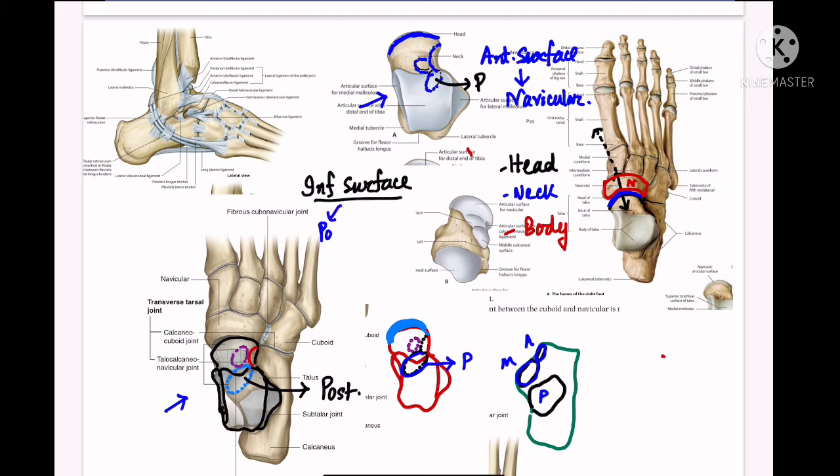So posterior facet in the inferior surface of head of talus fits with the middle facet on the superior surface of calcaneus. Similarly, there is a middle facet marked in purple.